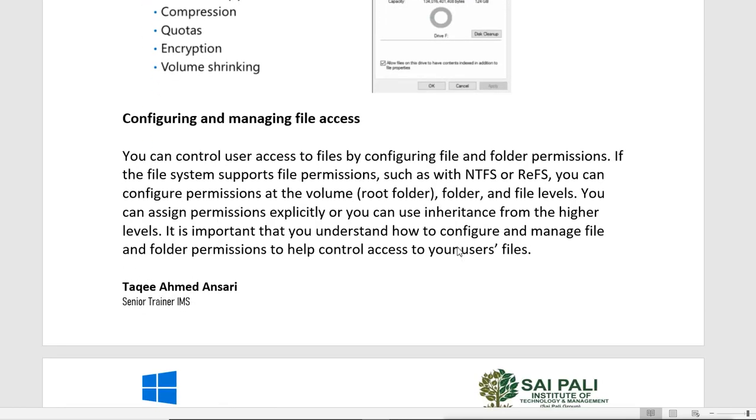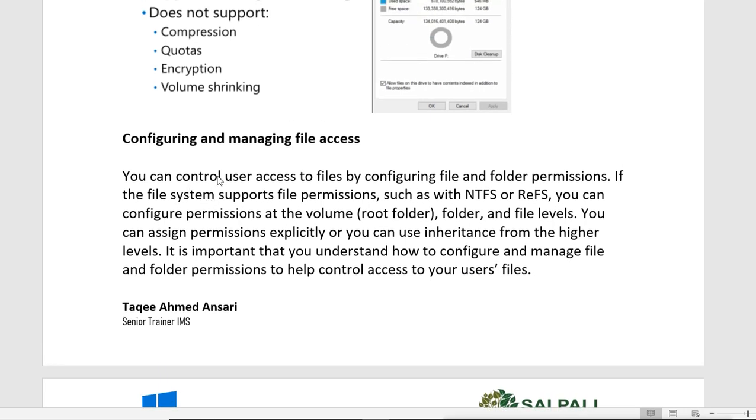Now, configuring and managing file access. You can control user access to files by configuring file and folder permissions if the file system supports file permissions. So if the file system supports it, we can assign permissions, such as with NTFS or ReFS, not on FAT.